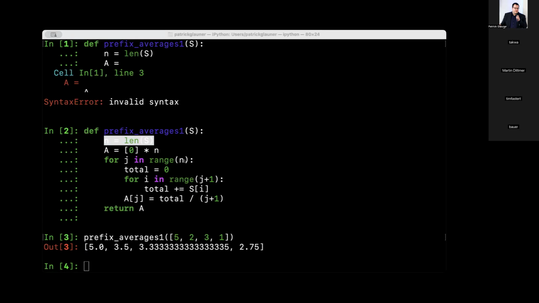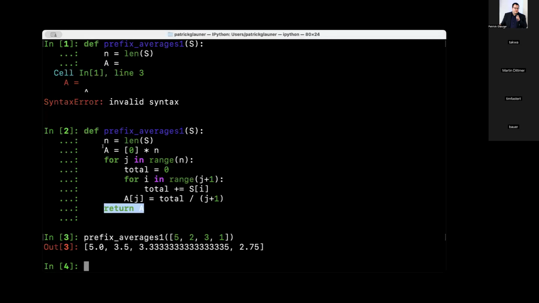So one person suggests O of 1, constant. Yes. In fact, I have two primitive operations. I have looking up the length and then storing it in n, but we just say constant. And the last line is also constant because we are just returning something.